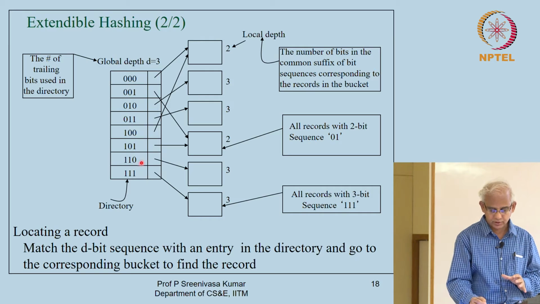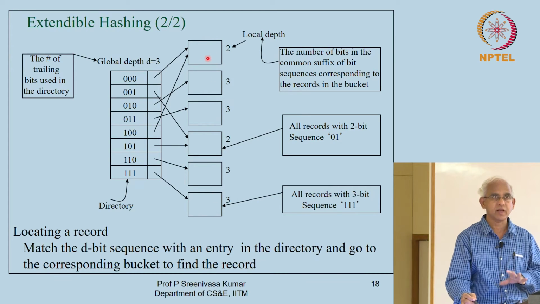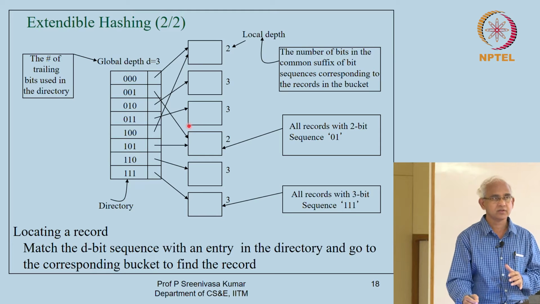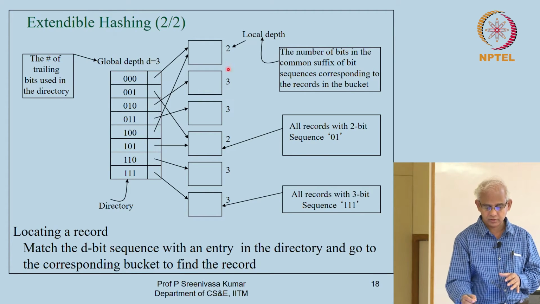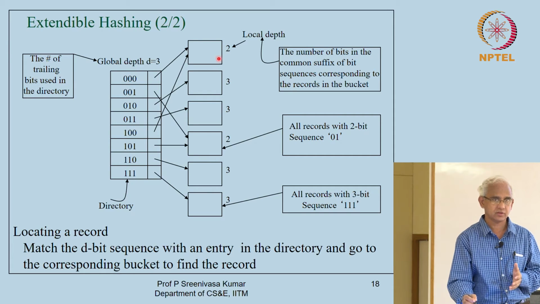So with the same number of buckets, for example, after some time instead of 6 we might actually have 8 buckets. When this one is split, this one is also split, then we will get 8 buckets, and each of these entries will point to exactly one bucket. So at that time, suppose an insertion comes into the picture and we are supposed to split this, there is no one more bit to make use of in that situation.